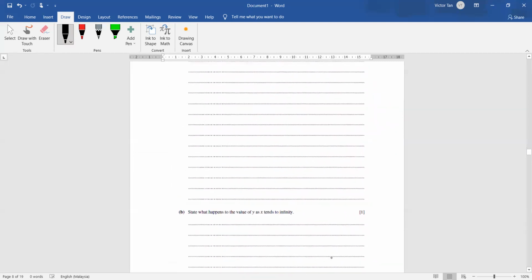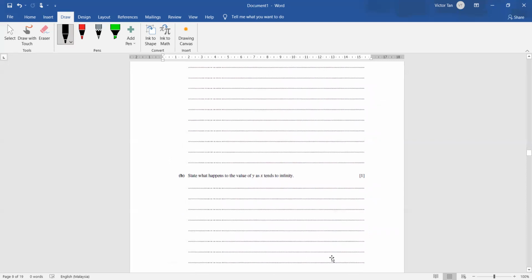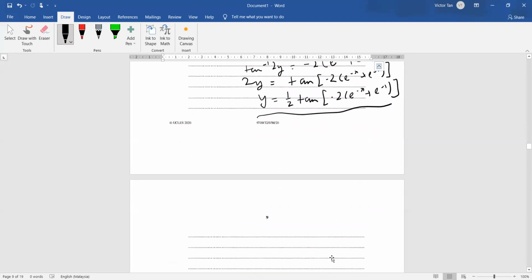Given a lot of space to do. Still, what happens to the value of y when x tends to infinity? So I'm going to write it in the rational form.